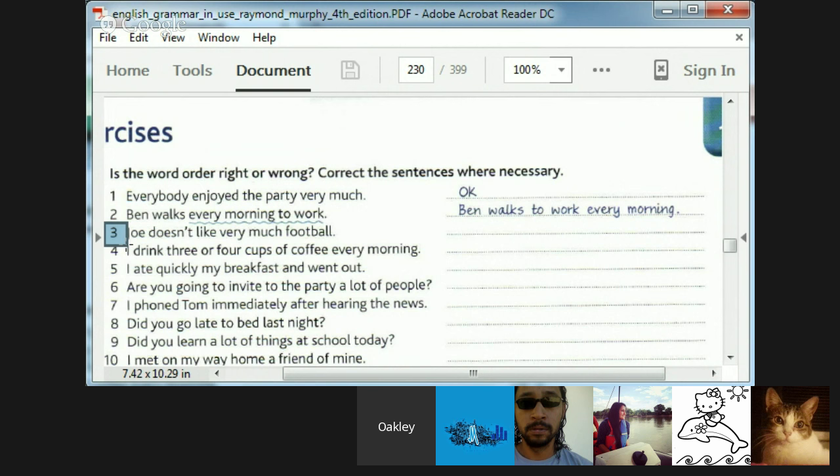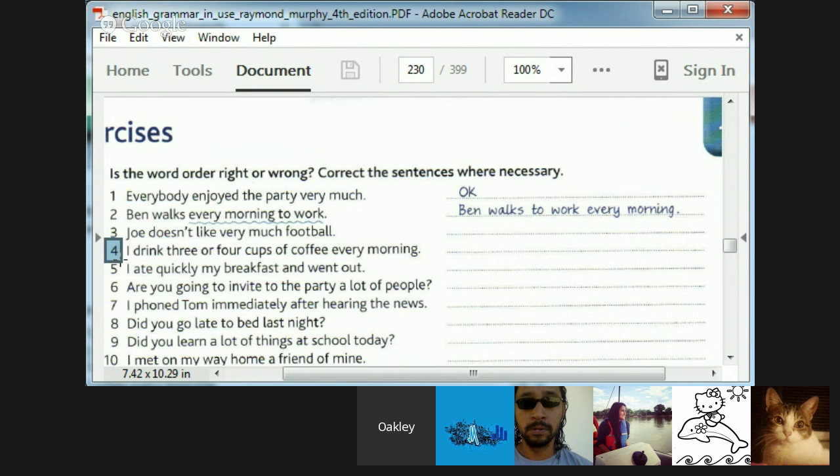He doesn't like very much football, so a lot of football, which is kind of weird. So in some instances, the sentence may still make sense, but it means something else entirely.